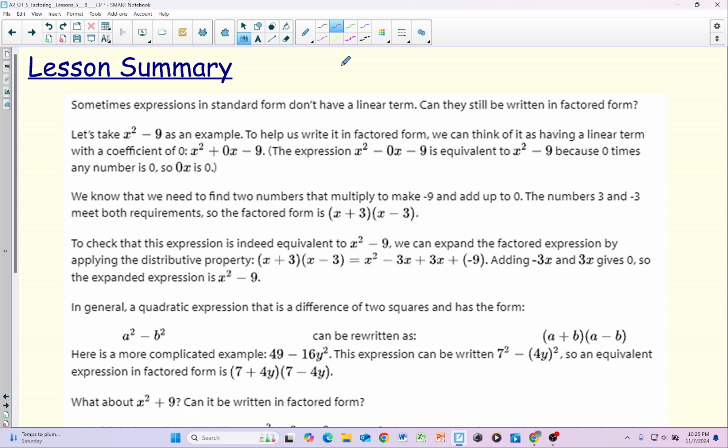So here's a bit of a lesson summary. Again, this is in your notes. That kind of dictates a little bit of the summary of how we determined that these expressions were factorable. But notice here what they did is, one trick that we could do is add a middle term of 0. It's kind of an interesting thought. But notice that you'll never be given this as an expression. On your papers, you'll never see x squared minus 0x minus 9.